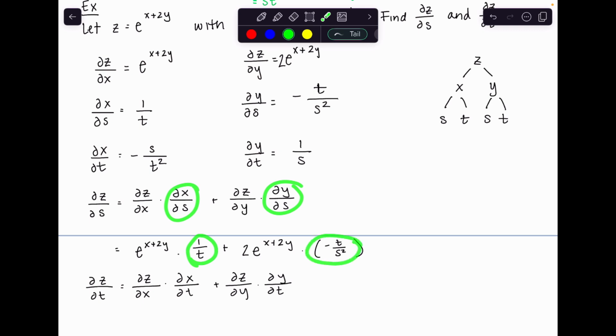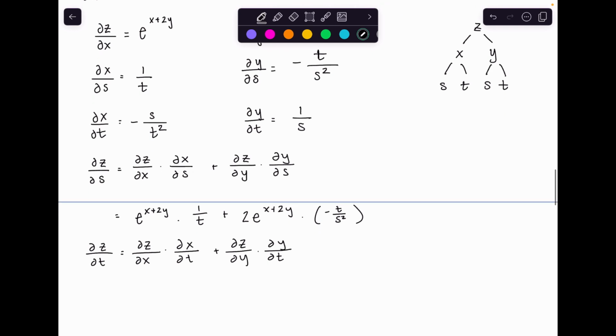So these ones are just going to get replaced by these two. So this partial derivative is e to the x plus 2y times negative s over t squared. And then we've got 2e to the x plus 2y times 1 over s. So realistically, the more complicated I make this, it doesn't change a whole lot.